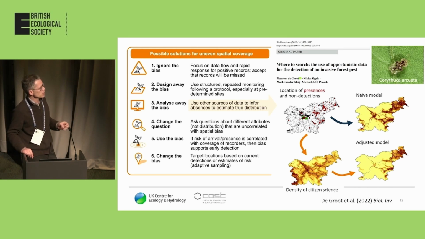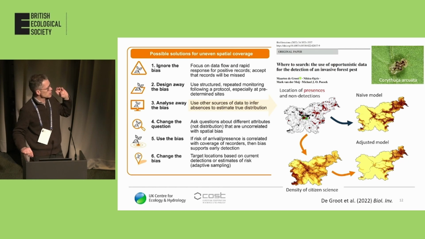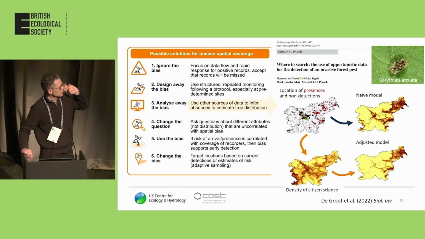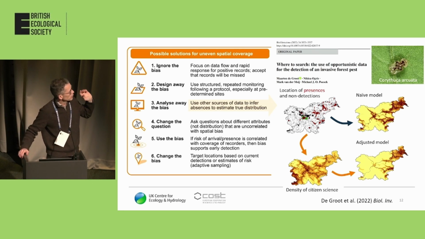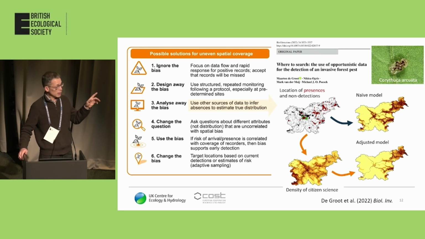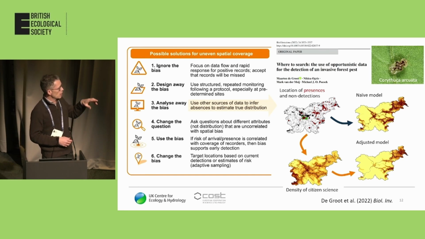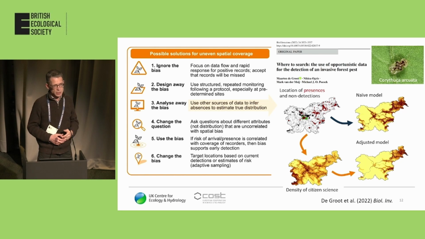Some of us did some work a couple of years ago looking at Corythuca, the oak lace bug. In the modelling, you can come up with a naive model, whereas if you take account of the density of citizen science records, you come up with a different model, in this case broadly related but somewhat different. So that shows the importance of analysis.